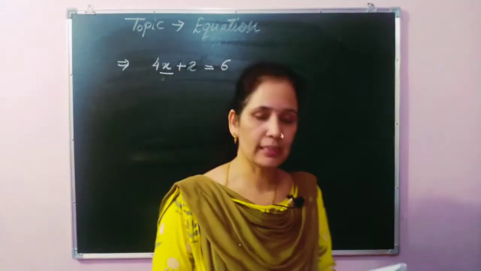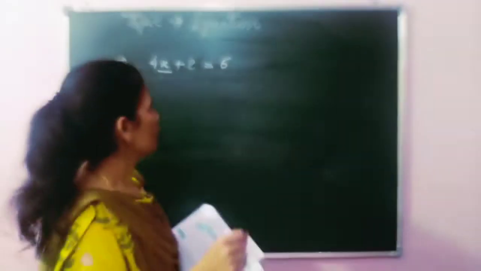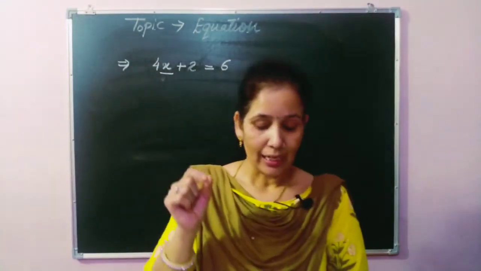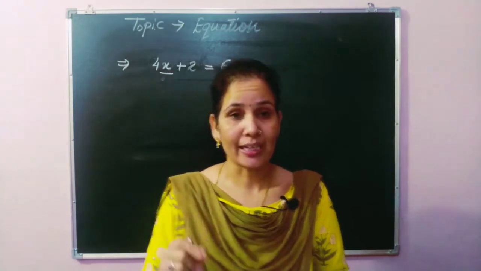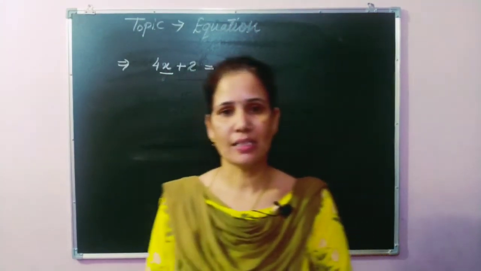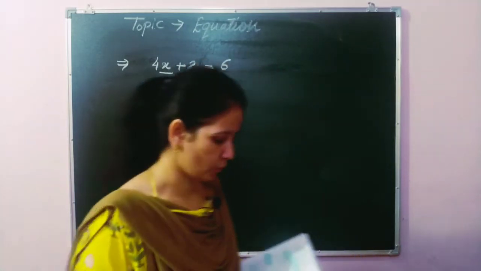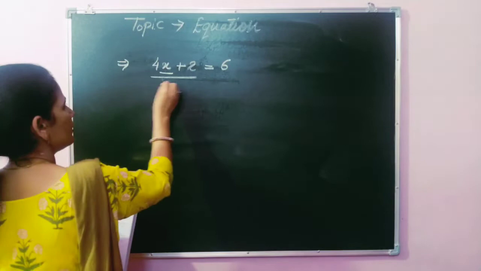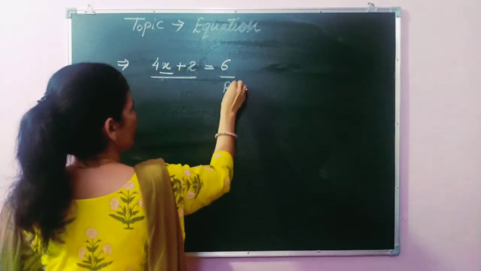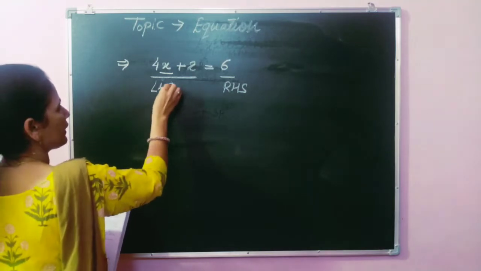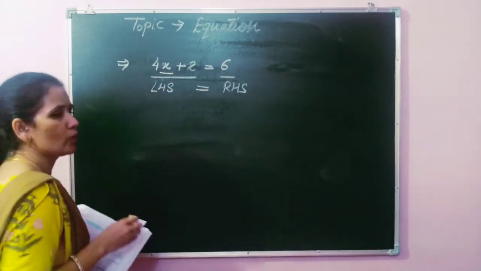So students, in an equation we use the equal sign. The equal sign is an expression that connects two algebraic expressions. It balances the equation. How does it balance the equation? Because in an equation the right part is called the right hand side, and the left part is called the left hand side, and it is balanced on the equal sign.